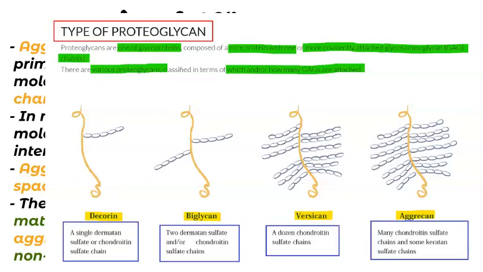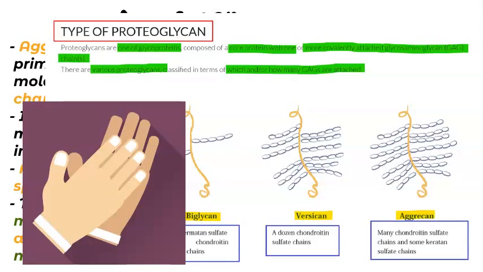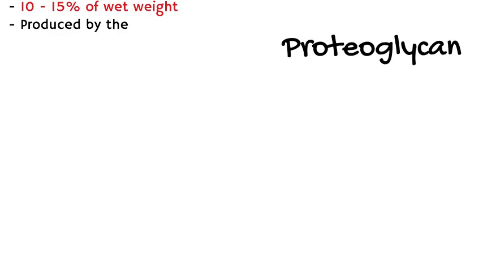Decorin has a single dermatan sulfate or chondroitin sulfate chain. Biglycan has two dermatan sulfate or chondroitin sulfate chains. Versican has a dozen chondroitin sulfate chains, and aggrecan has many chondroitin sulfate chains and some keratan sulfate chains. Proteoglycan makes up 10 to 15% of wet weight, is produced by the chondrocytes and secreted into the matrix.